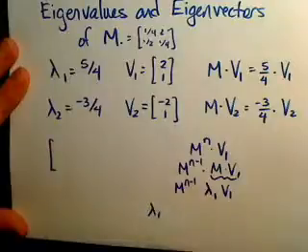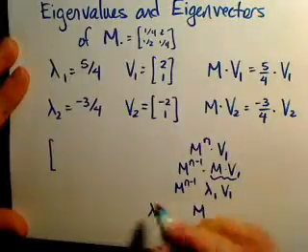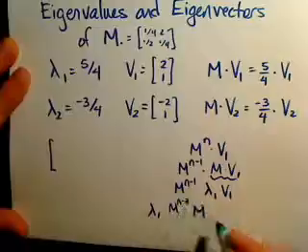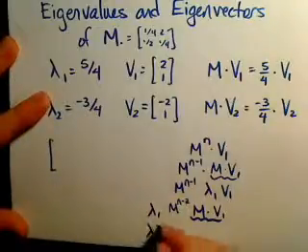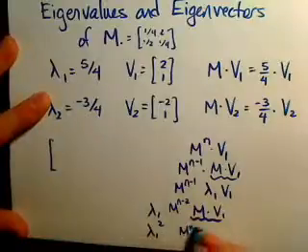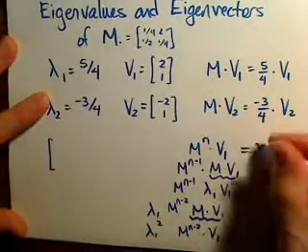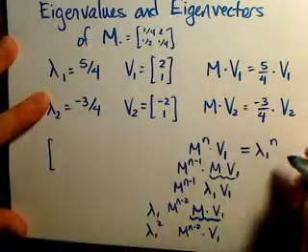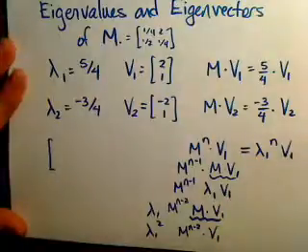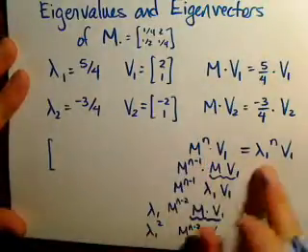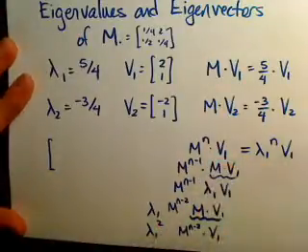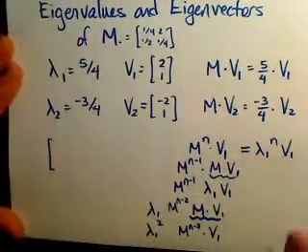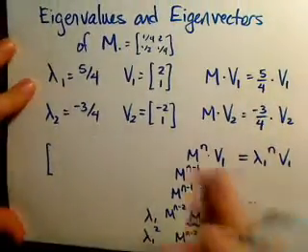I could peel off that lambda 1, peel off another one of those M's, M to the n minus 2 times V1, again pull off another lambda, and continuing this process, we'll see that's the same as multiplying by the eigenvalue n times. Multiplying by the matrix n times is the same as multiplying by the eigenvalue n times, only if this is an eigenvector, which in this case it is.